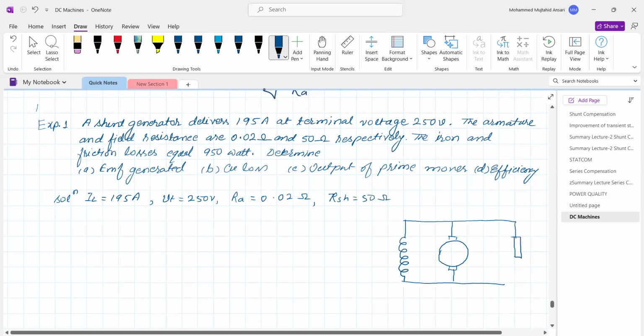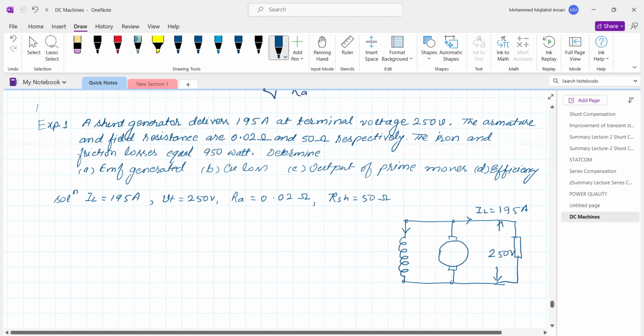The load current is delivered finally to the load. So load current IL is equal to 195 ampere at terminal voltage 250 volt. From this figure, this 250 volt is going to appear across the armature terminal, and the same across the shunt field terminal.